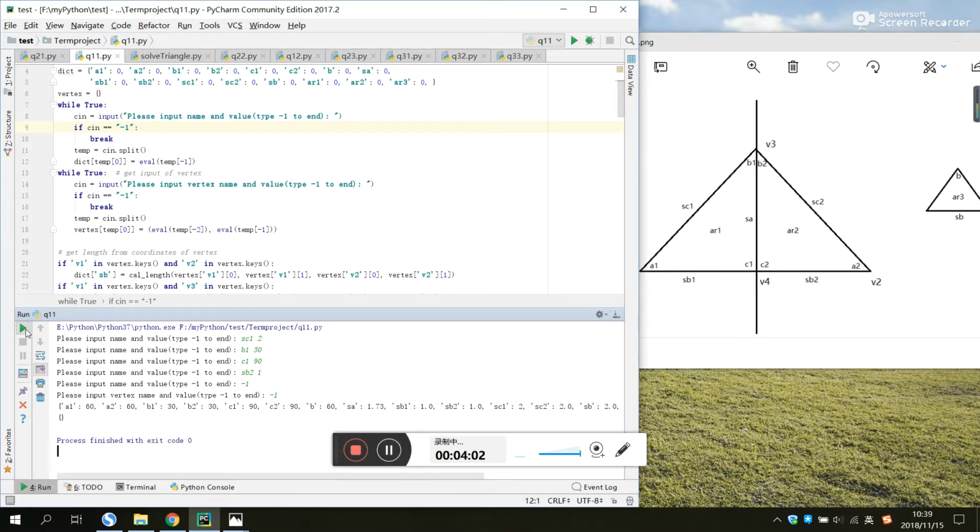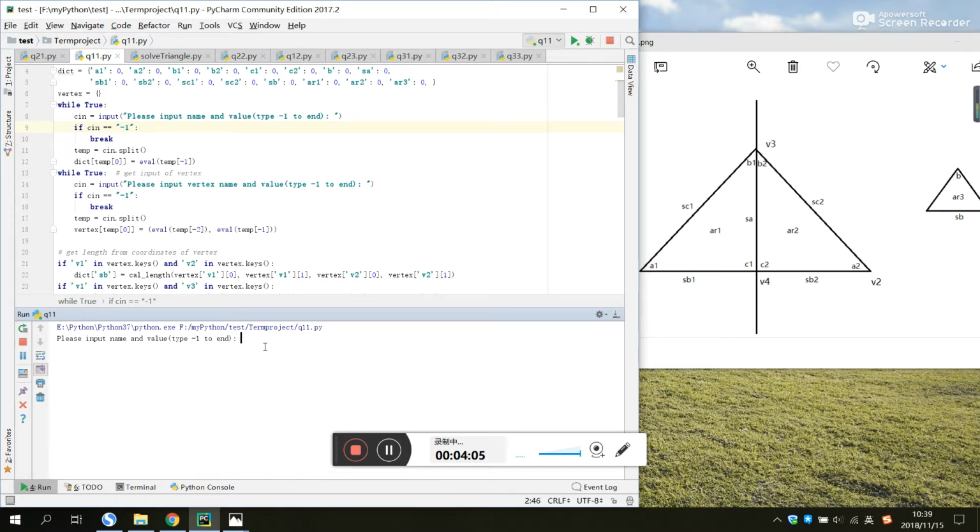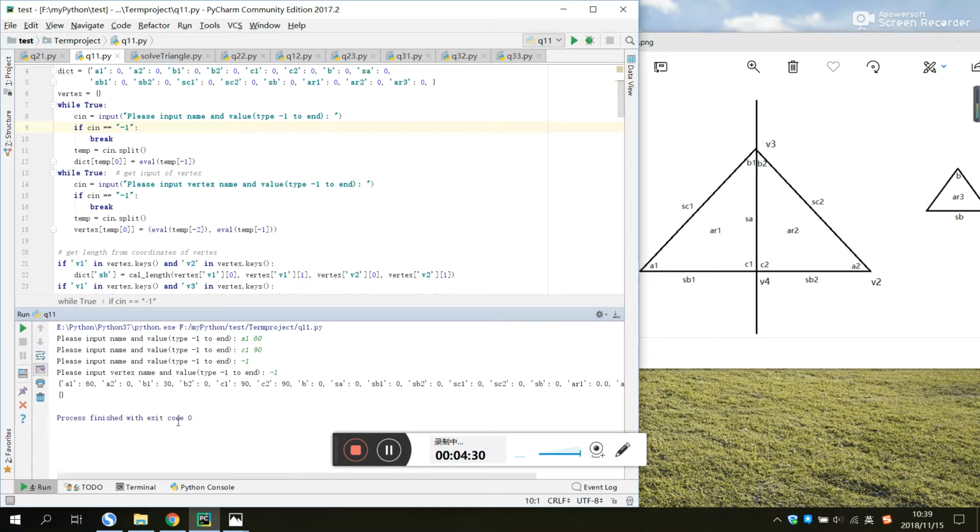Next, I'm going to show what happens if we only know several items, so we can only display what we can solve. For example, we know A1 is 60, C1 is 90, so we can only know B1, C2, that's it. A1, B1, C1, and C2.